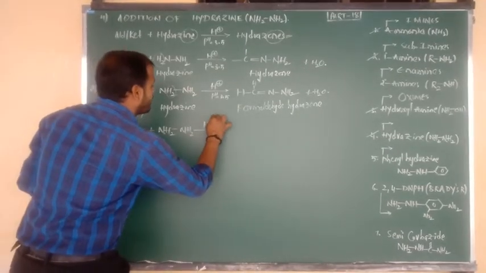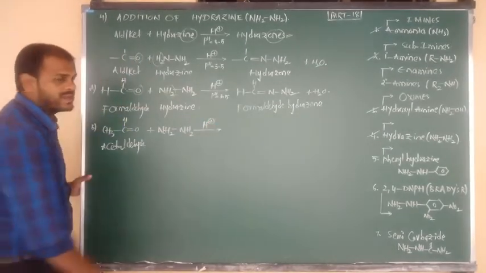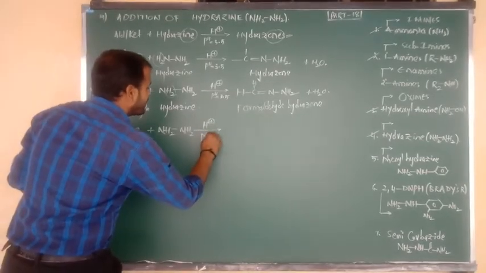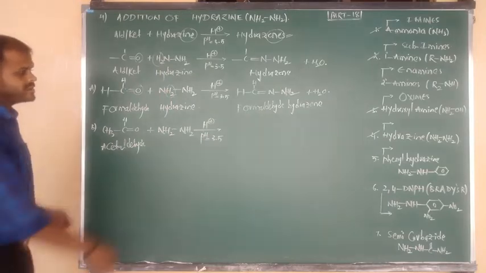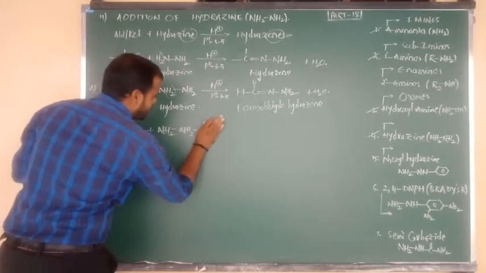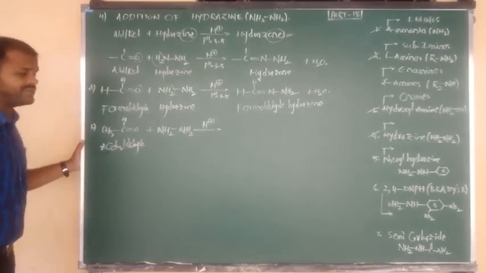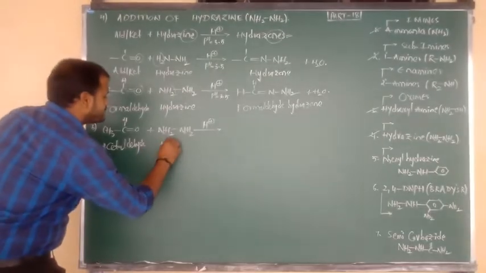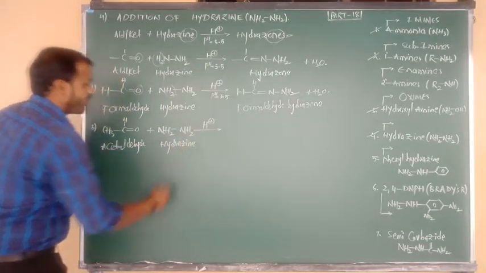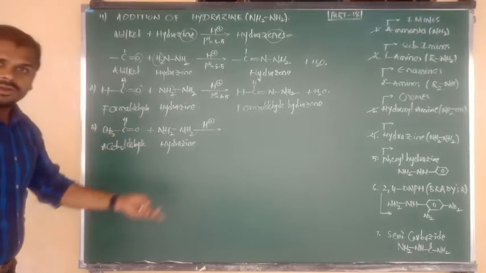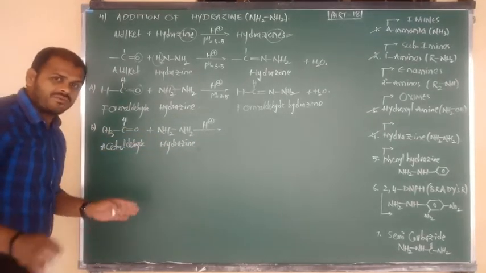Simply, above the arrow mark we have to write H plus, and here we require the pH value, that is 3.5. This pH range is common in all reactions, you don't need to write it as you wish. Upon reaction with hydrazine, hydrazine is converted into hydrazone after the elimination of a water molecule.